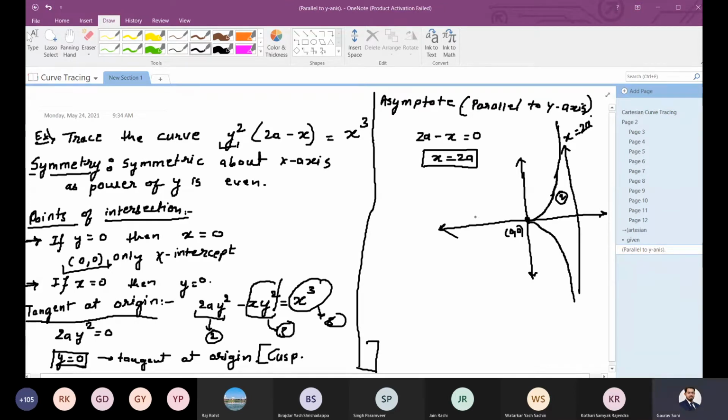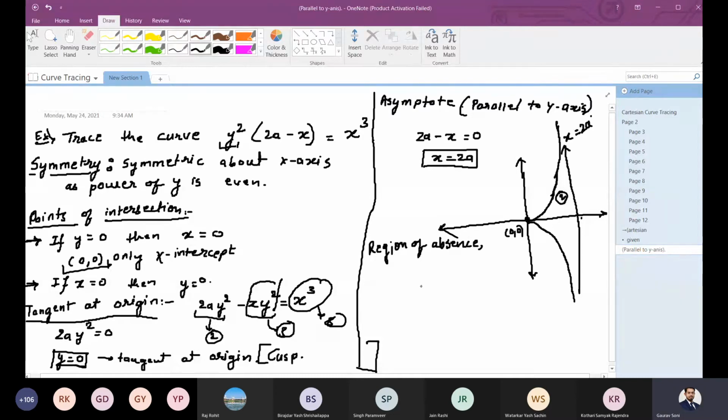Right now, we don't see anything on the left hand side, and on the right hand side of the line x equal to 2a. So only that thing we will prove by the region of absence.